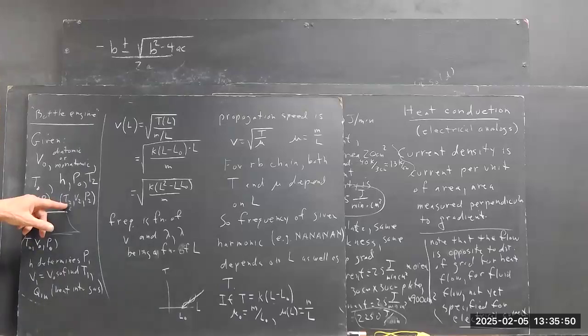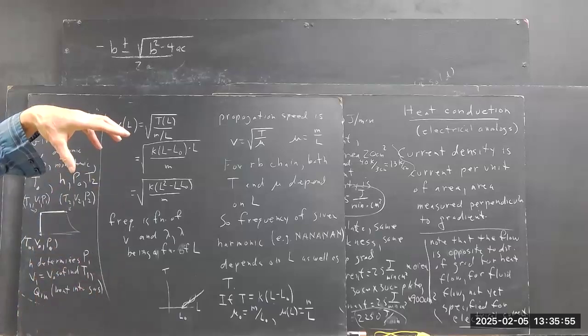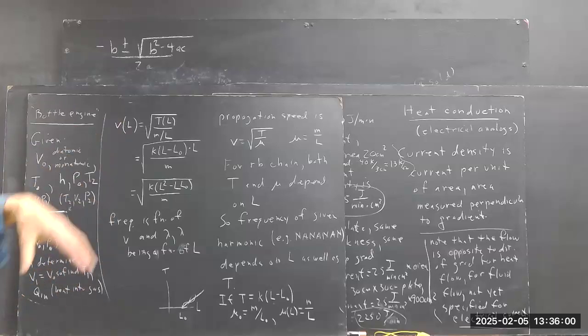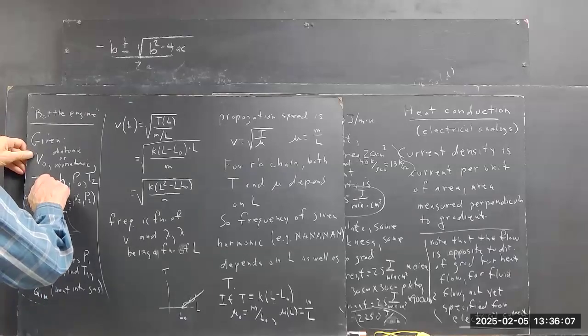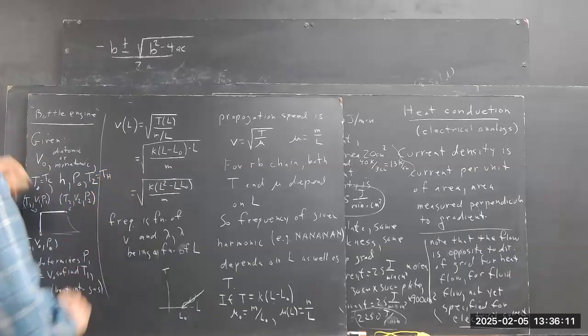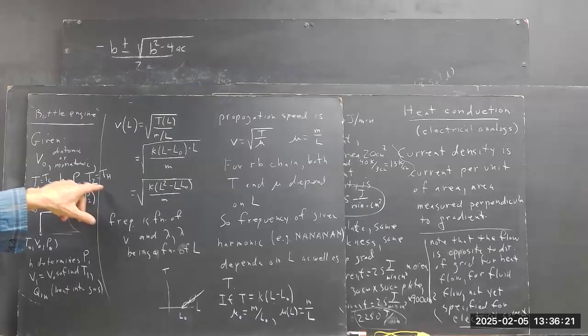If we also know T2, which is the high temperature we can achieve, we're going to say T naught equals T sub C, T2 equals T sub H. So assume the starting temperature is equal to the temperature of the cold reservoir, and T2 to the temperature of the hot reservoir.